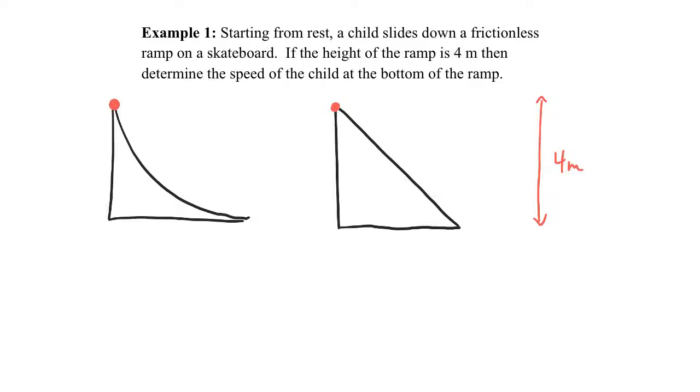The skater does not have kinetic energy to start, because he or she starts from rest. But he or she starts at a given height, so therefore this person has what kind of energy if they start at a given height? Potential energy at the beginning. So either way I look at my diagram, whether it's curved as a ramp or linear as a ramp, it's the same setup to start.